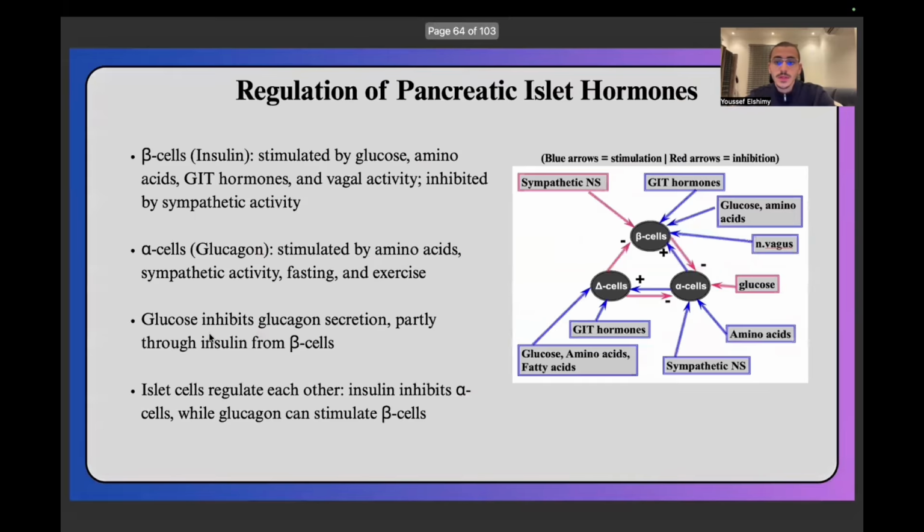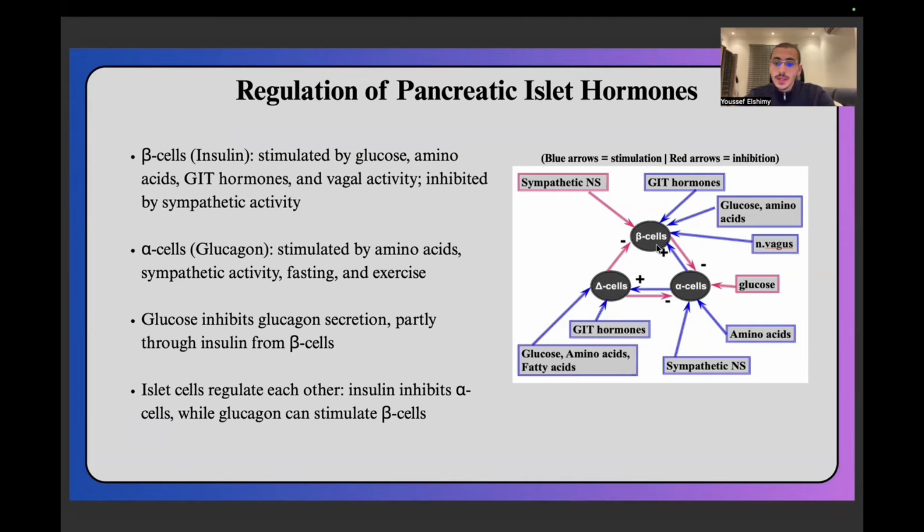Okay. So how are these cells interacting and how are these cells regulated? First, we have the delta cells, which produce somatostatin, and you know that somatostatin has an inhibitory effect. So it's going to act on beta cells to inhibit or modulate, as well as on the alpha cells to inhibit the production of glucagon, and it would inhibit the production of insulin as well.